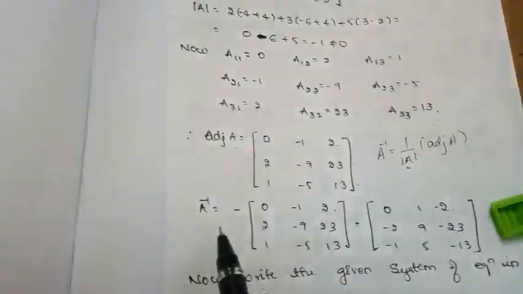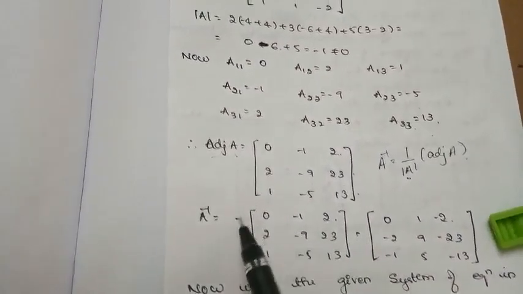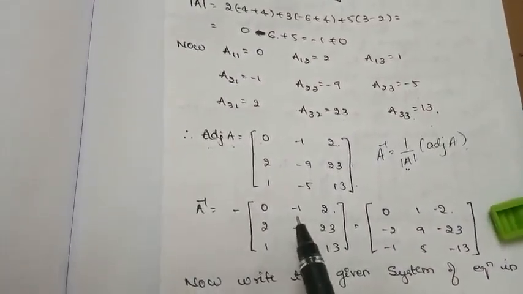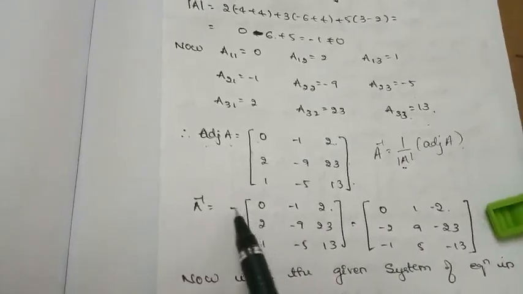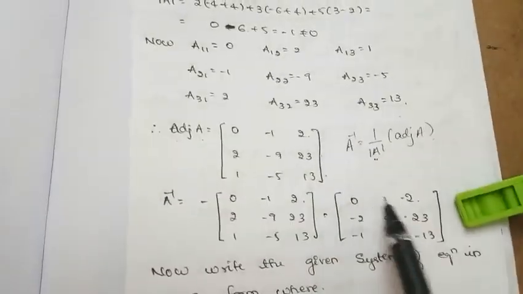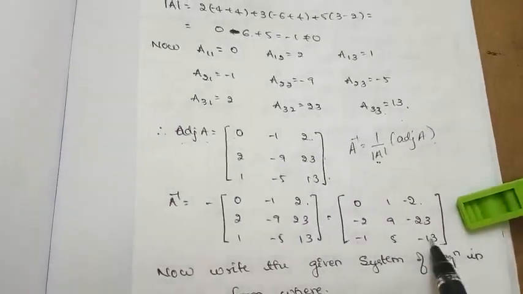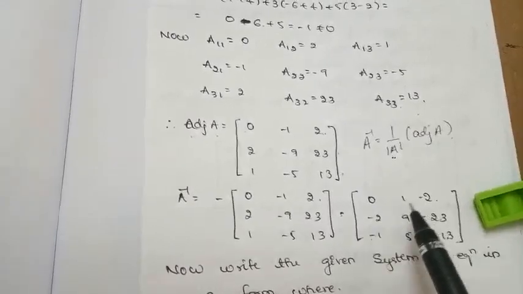It was -1. So 1 by -1 is nothing but minus, into adjoint A. So I multiply this minus inside, it should be multiplied to each and every element because it is a matrix. So 0, 1, -2, -2, 9, -23, -1, 5, -13. So this is our A inverse.